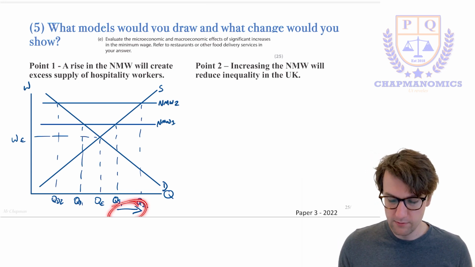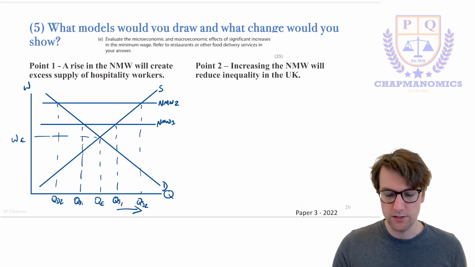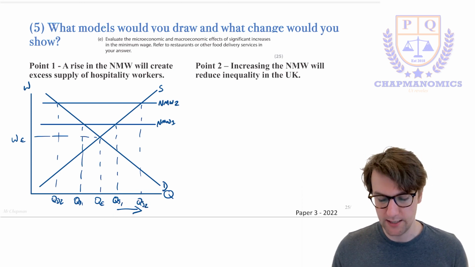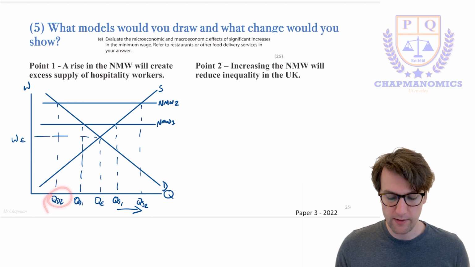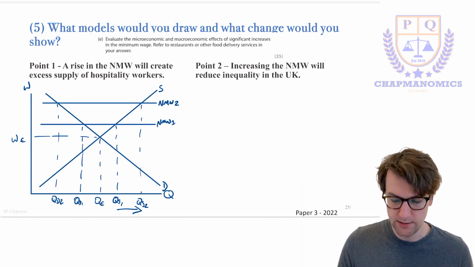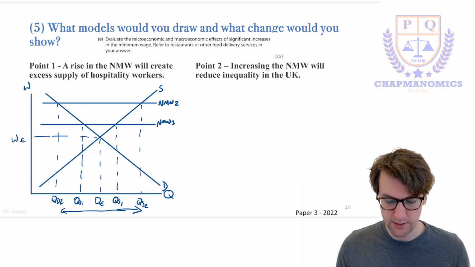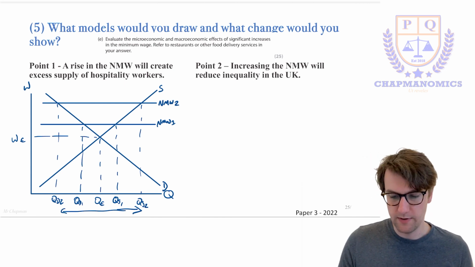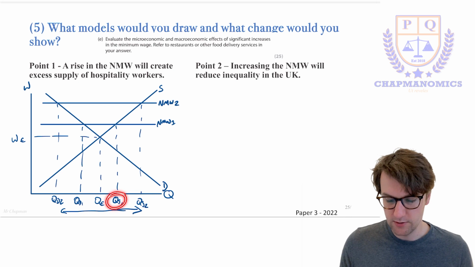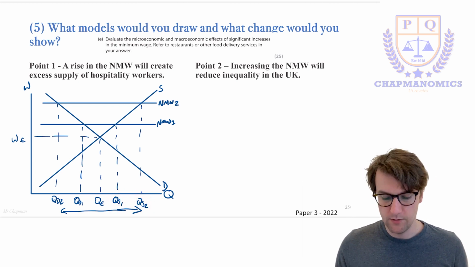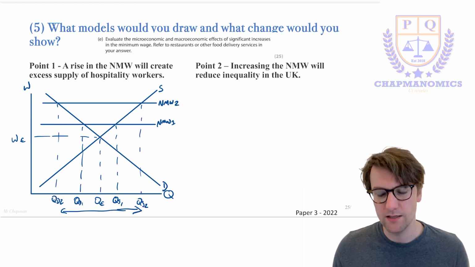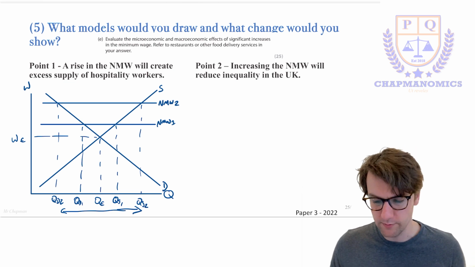And this arrow is the only one we really need here, because all we're going to talk about is that increase in excess supply. We can talk about there being a big difference between the quantity demanded and the quantity supplied if we want to. We can even draw a nice big arrow between the two. But really, because we're talking about that significant increase, I'm going to talk about the difference between here and here, compared to, I might talk about these a little bit. So there's our model that we can draw.